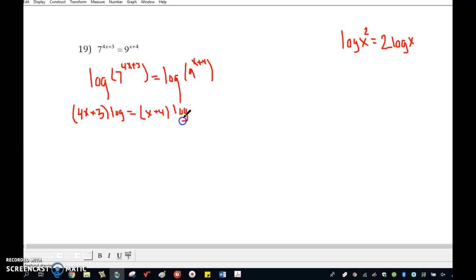Now, there's a couple of ways you can do this from here, but the log of 7 is a number, and the log of 9 is a number, so you need to find what those numbers are. What I personally would do is divide by the log of 7, divide this by the log of 7, and I'm going to find what that value actually is.